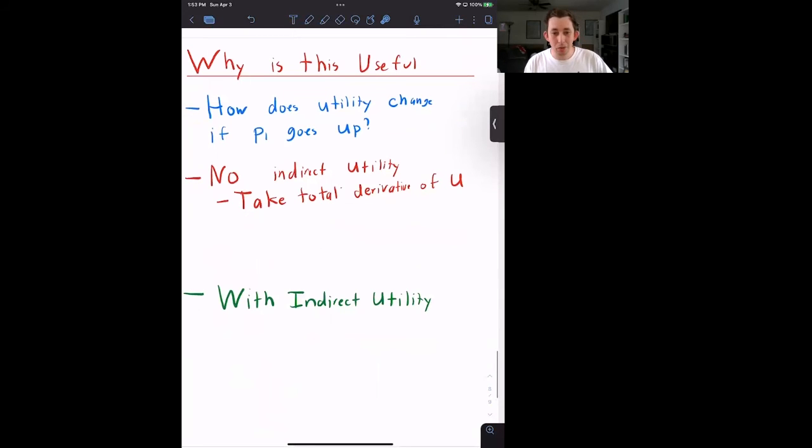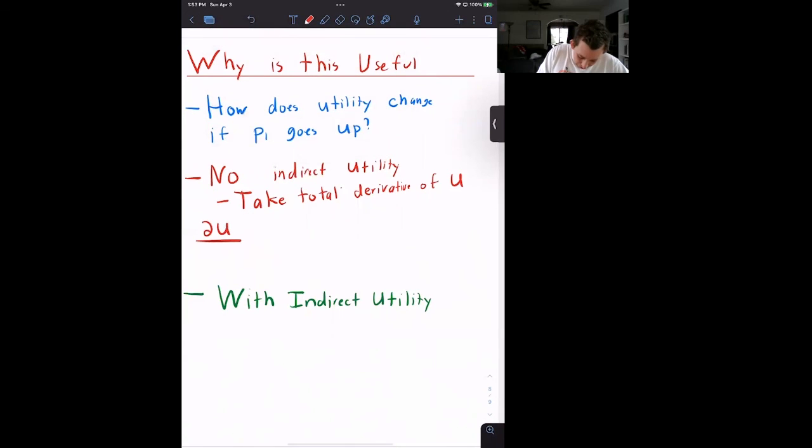So why are we doing this? Why are we going through the trouble of thinking about indirect utility? Well, if I ask you, how does your utility change if the price of good 1 goes up, and you don't have indirect utility? Now you've got to go back, replace P1 with a higher P1. You've got to think about how your Marshallian demand changes, and then how that change in Marshallian demand affects your utility. So what you're doing is a total derivative of the utility function.